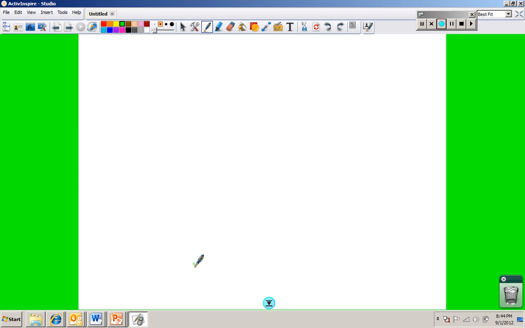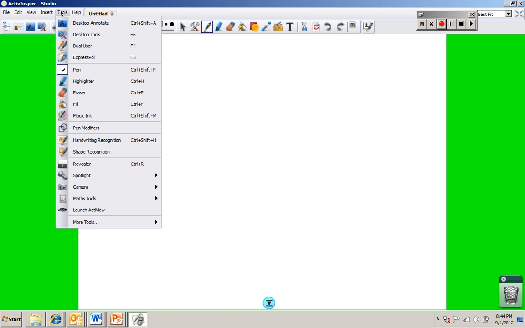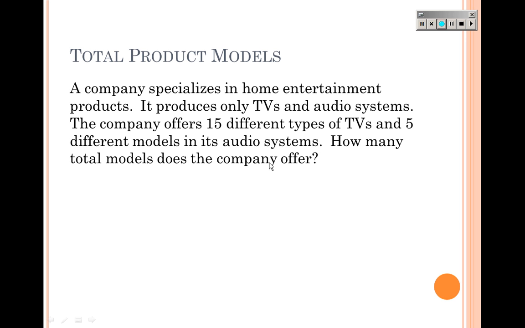So if we look at it like this, the total number of models is just 15, because they offer 15 different types of TVs, plus 5. And so that equals 20 total models. All right, so that's kind of a simpler problem, but it helps you see where this whole thing begins. So that's the total number of models.